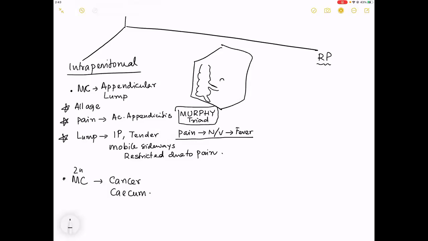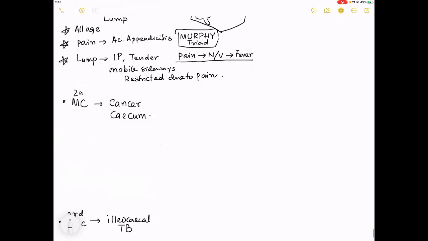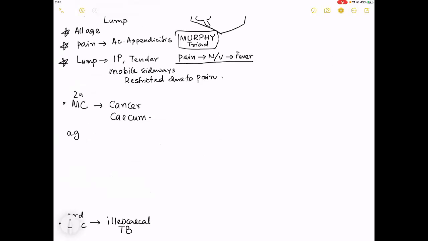Good. Talk about a cancer of the cecum. At what age group does a cancer of the cecum happen? Elderly, though it can happen in middle age also in India. What is the next point, sir? Painful or painless? Painless. What is happening in the potty? Any colon cancer, lower GI bleed. Okay.